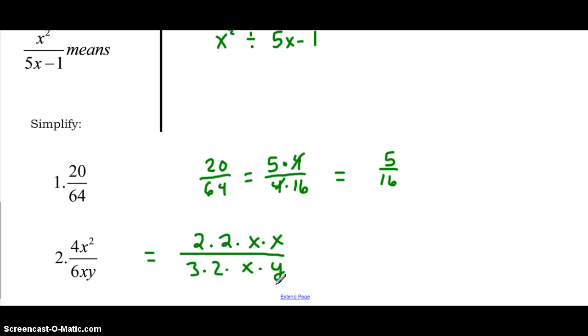So to simplify this rational expression, I'm looking for common factors in the numerator and the denominator. And they both have a factor of 2, so I can cancel the 2. And they both have a factor of x. What's left is our simplified rational expression. So 2x over 3y.